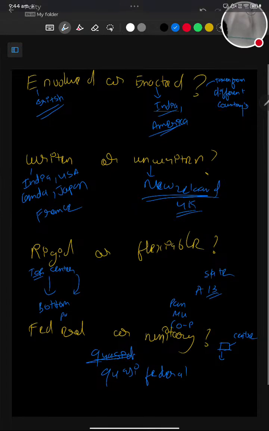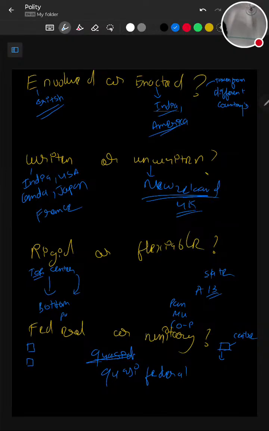The federal one is one in which the center is there, then the state, then the local villages, and the center divides the power between the state and the local governments. So federal basically means division of power between all the bodies, and unitary means the top one is the one giving the orders. So India follows the quasi-federal.